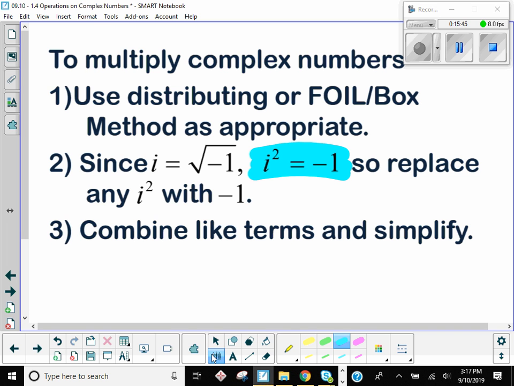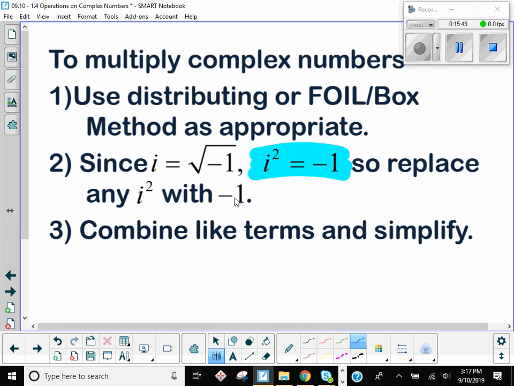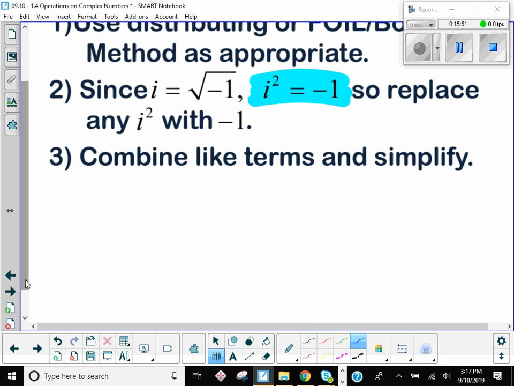And we can see why this is true just continuing from what we talked about yesterday. Yesterday, we learned that the square root of -1 is i. And because this is an equation, I can do whatever I want to it, as long as I do it to both sides, it's still going to be equal. If I squared both sides, on the left, what happens when I square a square root?